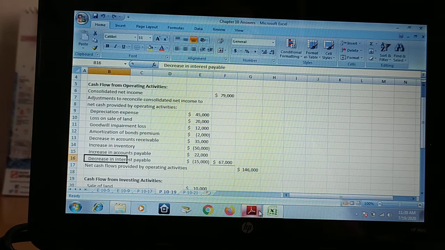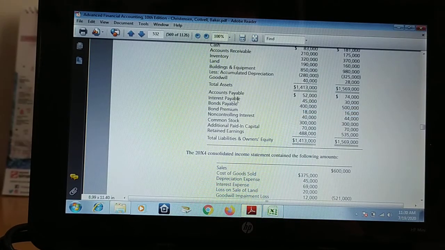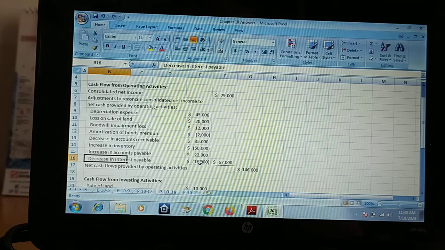Interest payable decreased, so you put a minus. Sum all of this and you get 67,000. Add it to the consolidated net income, and the net cash flow provided by operating activities is 146,000.